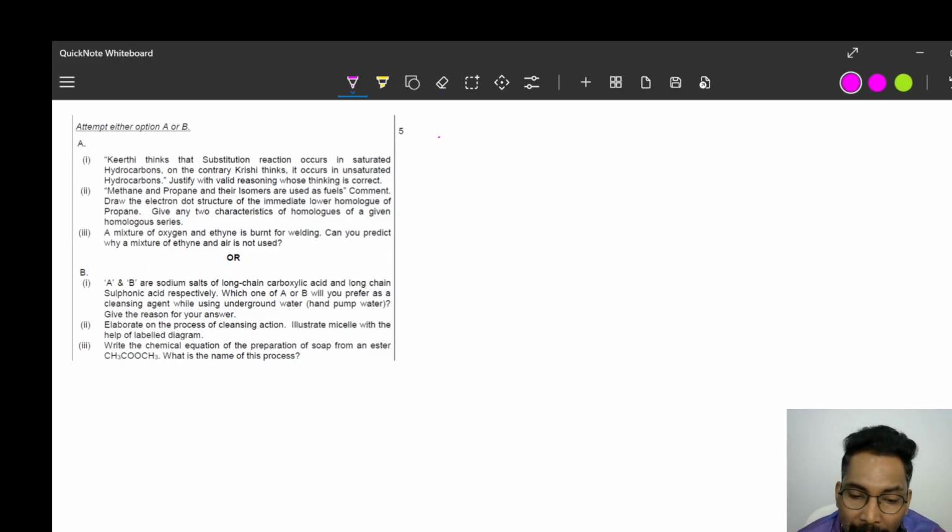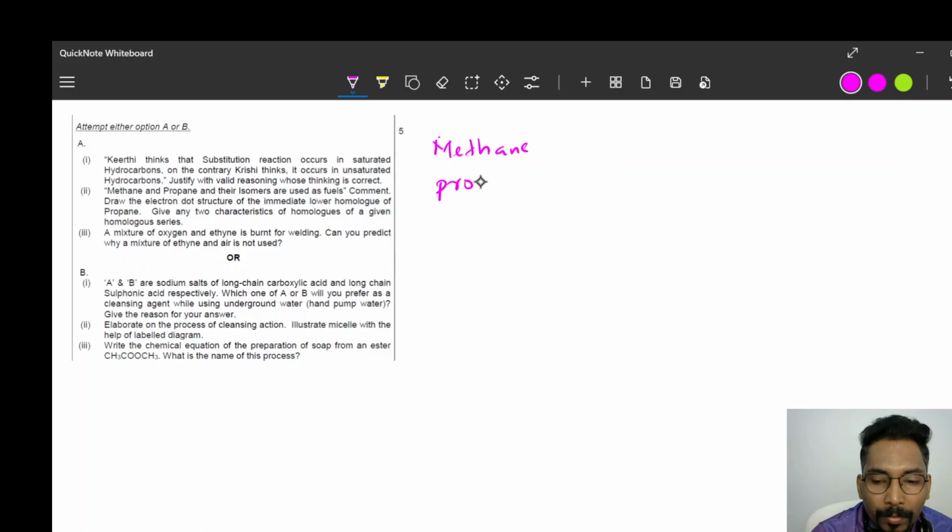Methane and propane and their isomers are used as fuels. What is a fuel exactly? A fuel is something which on combustion, especially complete burning, liberates a large amount of heat.